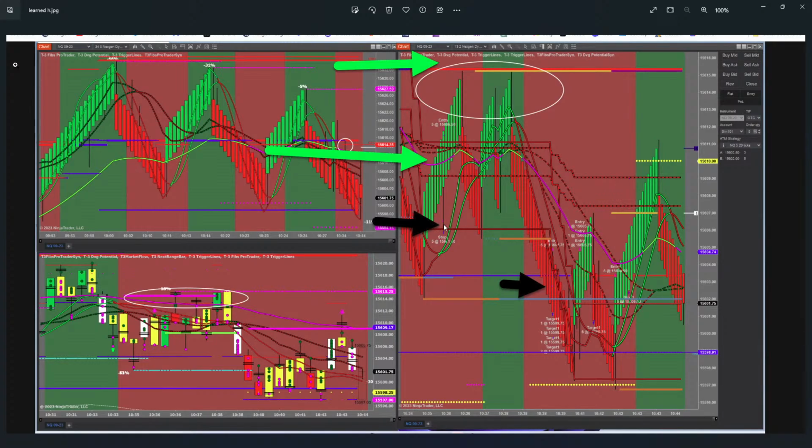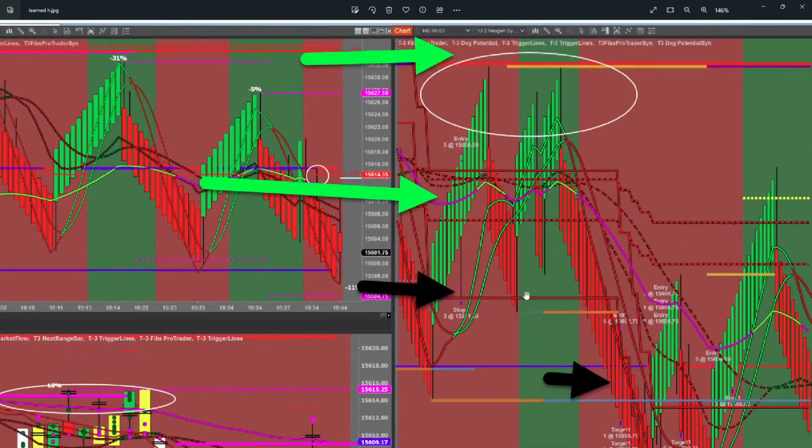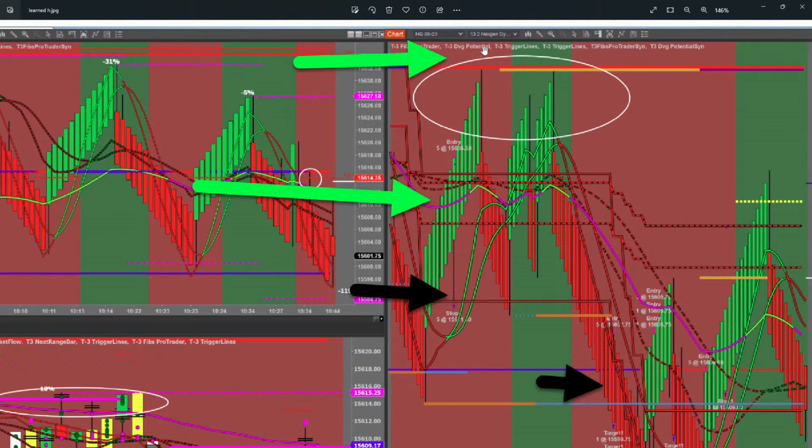So it's fear of missing out, or a bad entry on the first one with a bad stop. It's the bad entry that made the bad stop happen. If you had just said, hey, I got a poor entry, but I still need to put my stop up here, you would have lived without the loss.